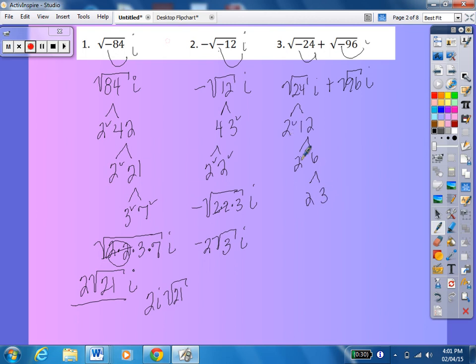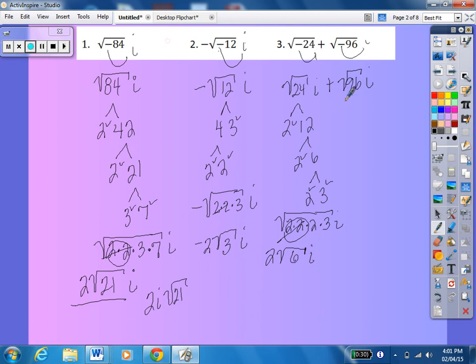I'm going to go ahead and finalize all of those. So we have the square root of 2 times 2 times 2 times 3, and then we have that I that we took out. We had a pair of 2's, so that 2's coming out. The 2 times 3 is going to go back together to be a 6, and we have the I. And there's nothing else to do with that one.